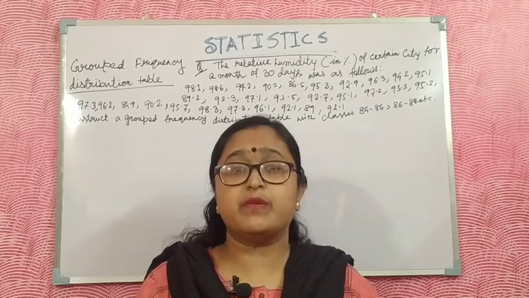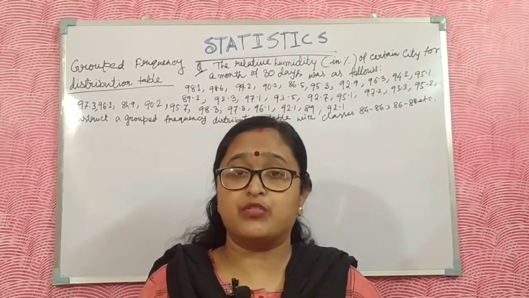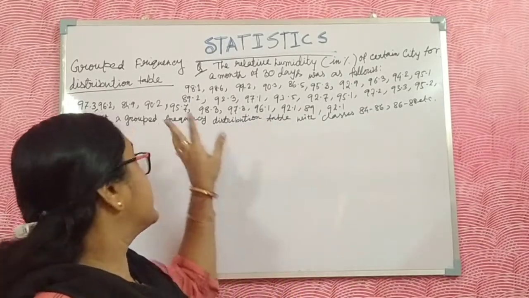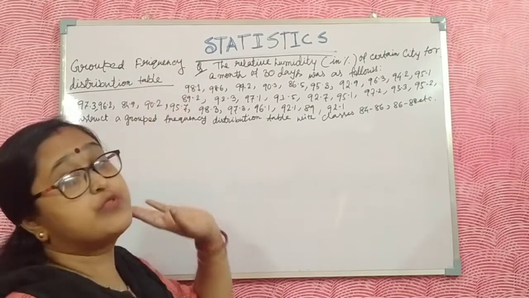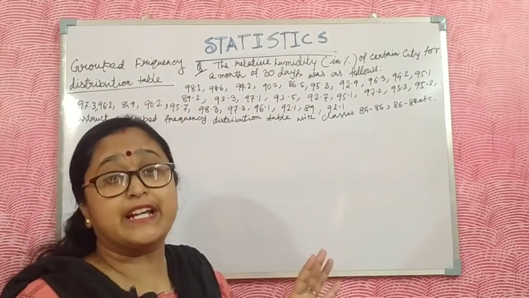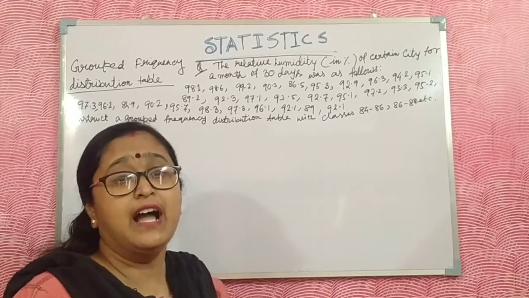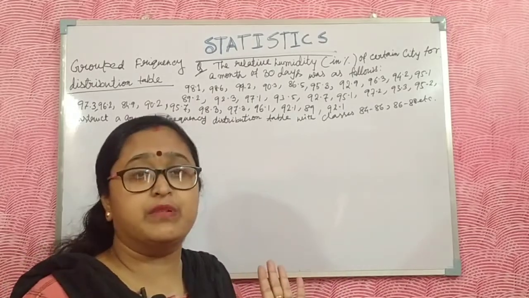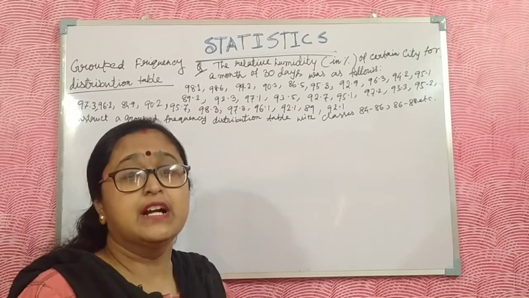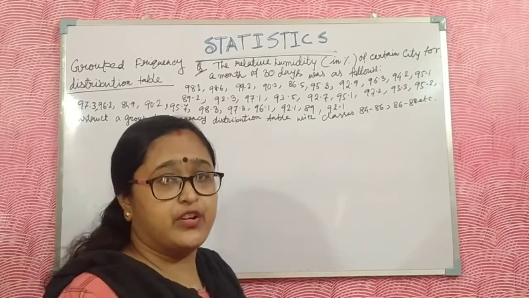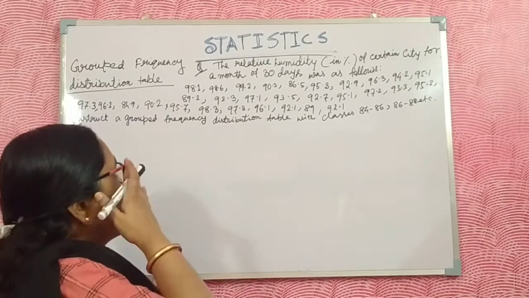Now in this video I discuss the grouped frequency distribution table: how we can arrange grouped data in a frequency distribution table. This is the main topic of today's video. So I take a question.